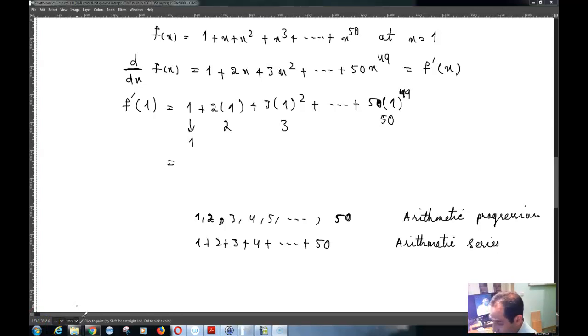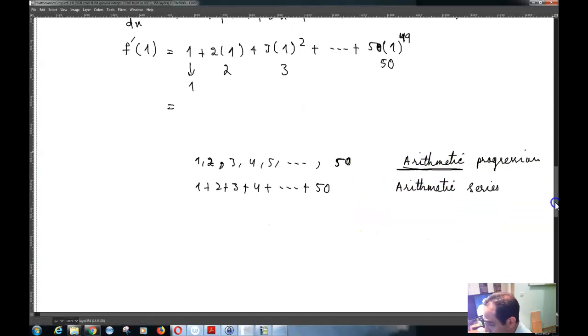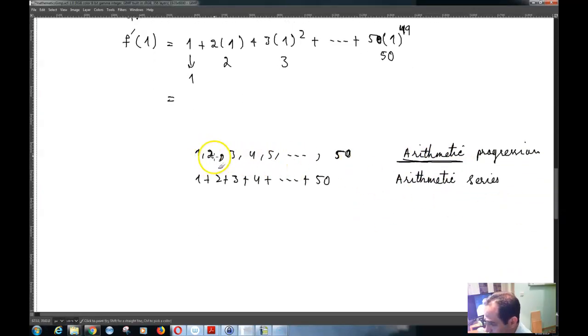So we said that this is an arithmetic progression and this is an arithmetic series. We call it arithmetic because you can see that, for example, 1 plus 1 is equal to 2, 2 plus 1 is equal to 3, 3 plus 1 is equal to 4, 4 plus 1 is equal to 5, and so on and so forth.